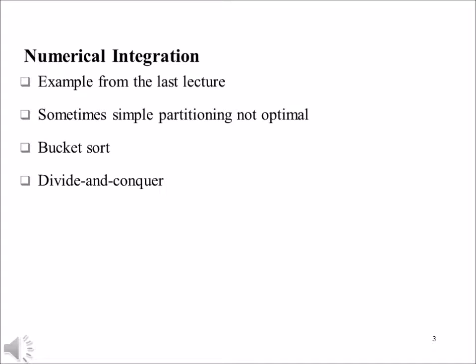Recall from the last lecture the example where we divided the problem and solved each subproblem. The problem was assumed to be divided into equal parts, and simple partitioning was employed. Sometimes, simple partitioning will not give the optimum solution, especially if the amount of work in each part is difficult to estimate.